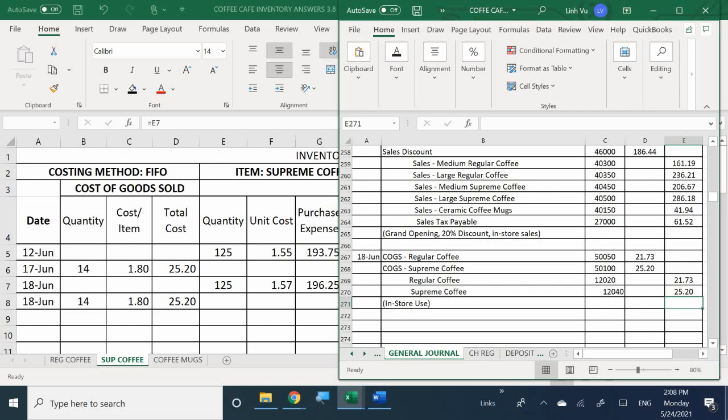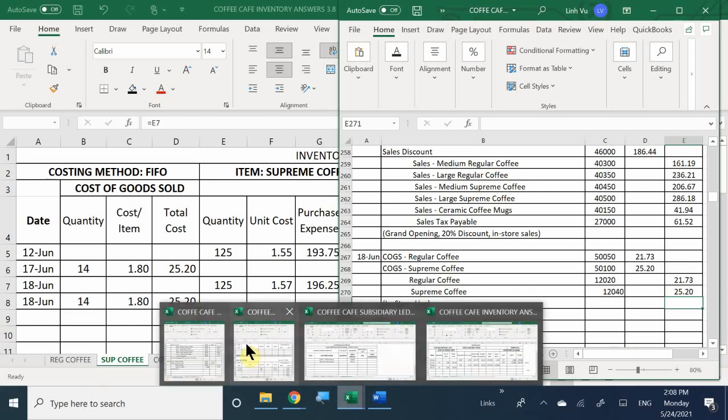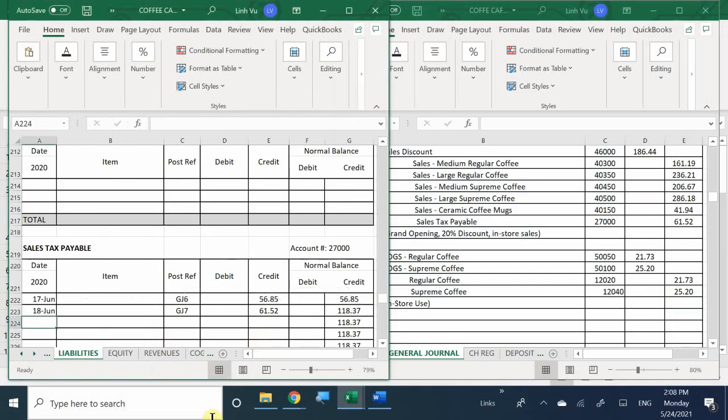Okay, so here you go. We journalized the sales, so here we're journalizing the cost of goods sold. So now we need to update our ledger to reflect what our values should reflect in our inventory worksheet. So here we are, cost of goods sold section.